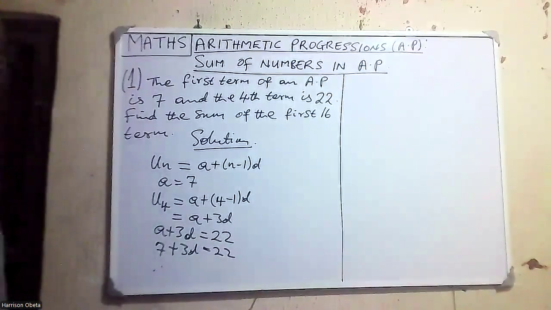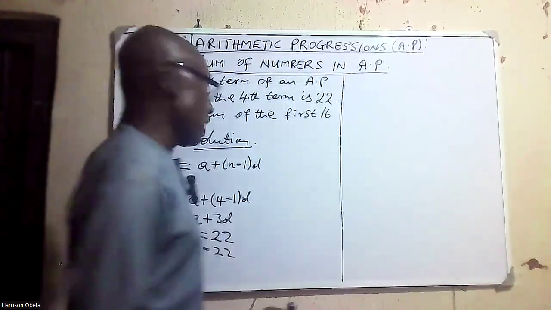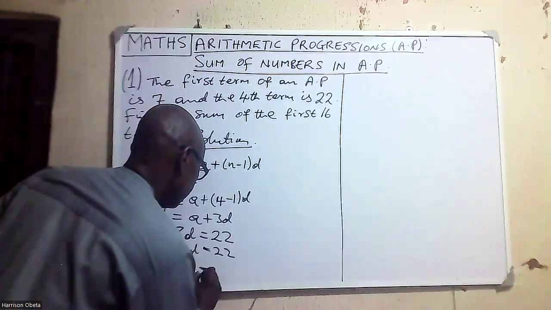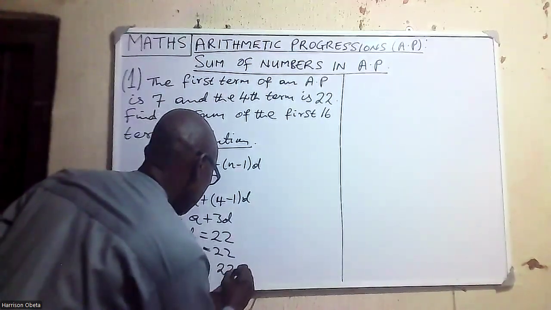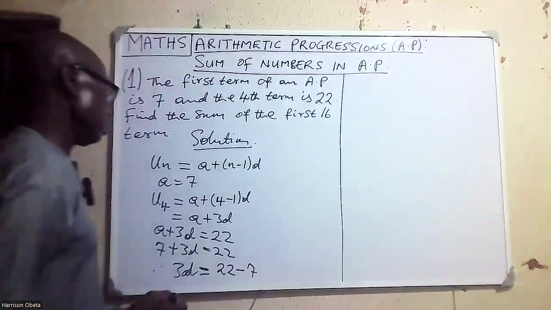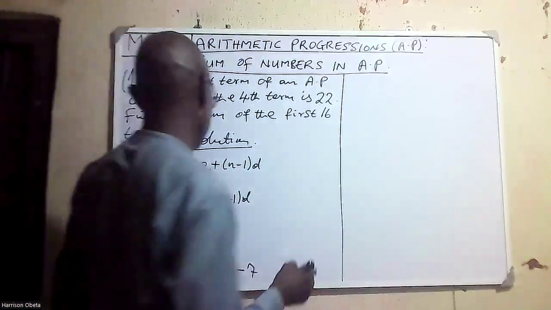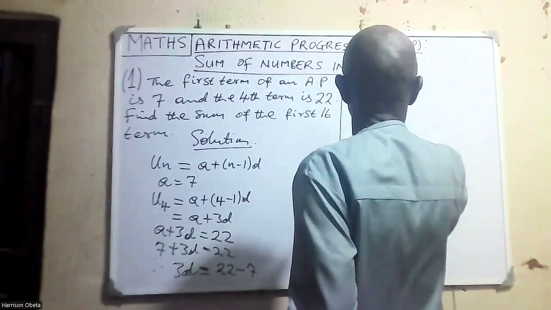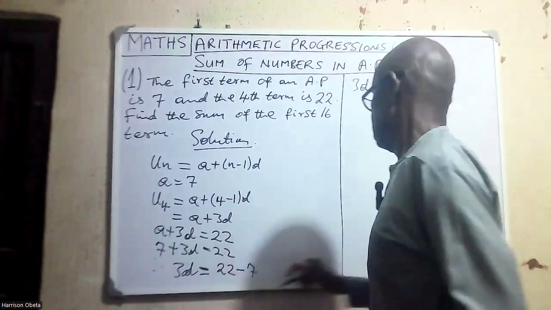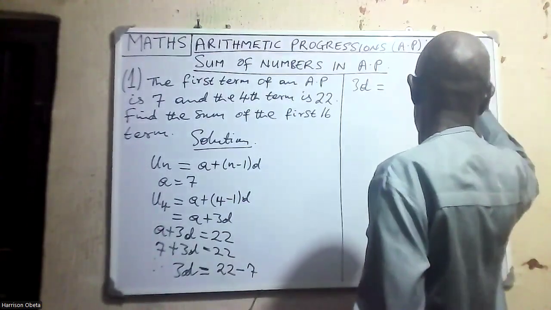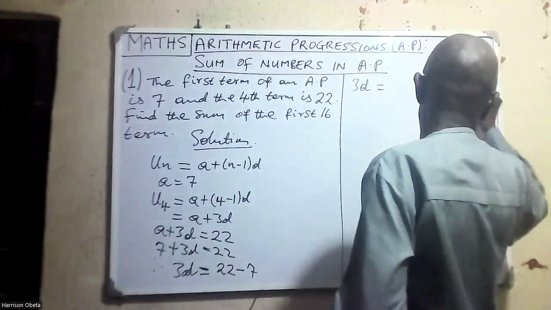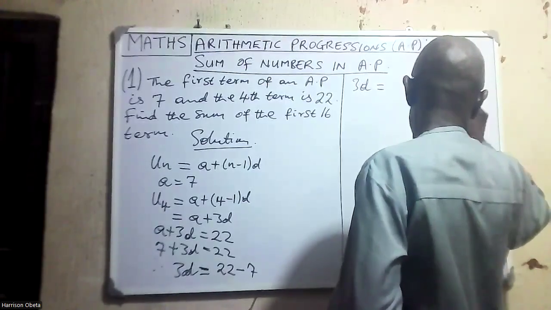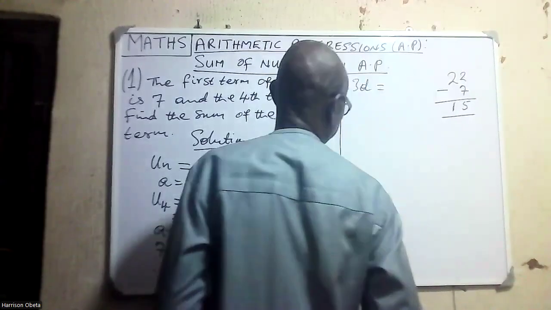Therefore, collecting like terms, we have 3d is equal to 22 minus 7. Then coming over here, we have 3d is equal to, you subtract 7 from 22, that's 22 minus 7, and that will be 15.